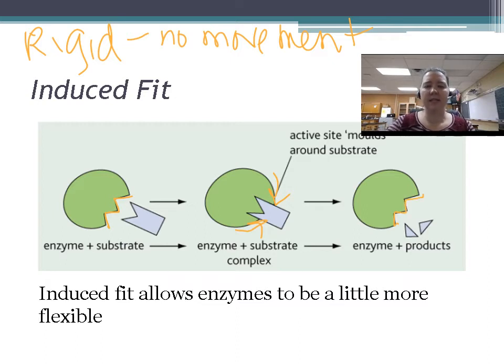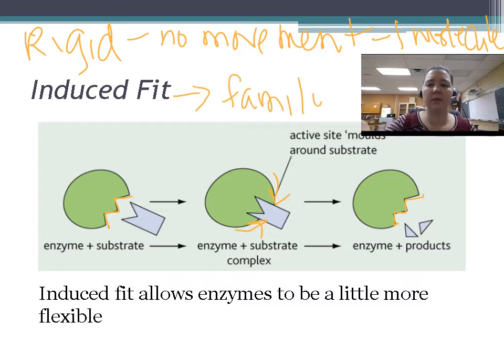So while this may be a specific molecule, this enzyme could work on other molecules that are similar. A rigid enzyme has one molecule it works on, one type, whereas an induced fit enzyme can generally work on a family of molecules, multiple things.